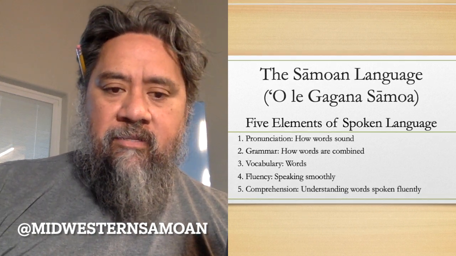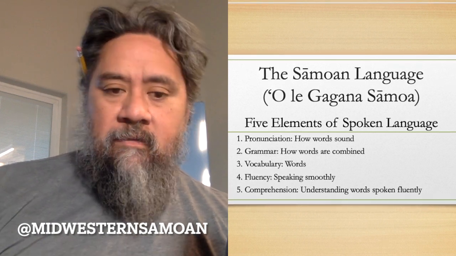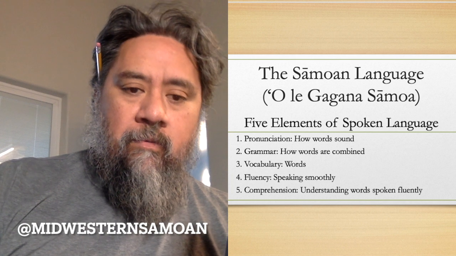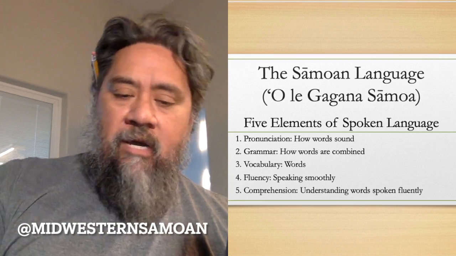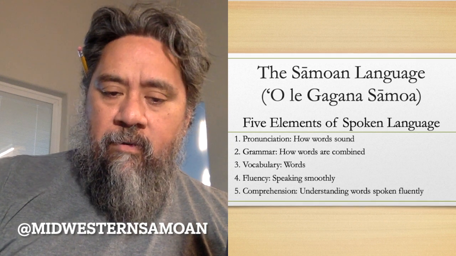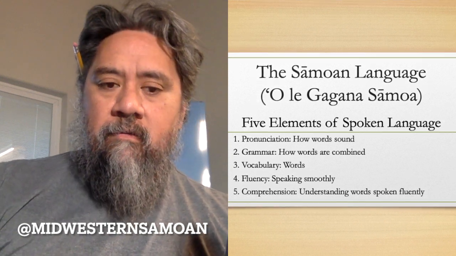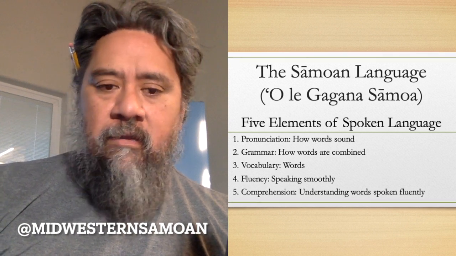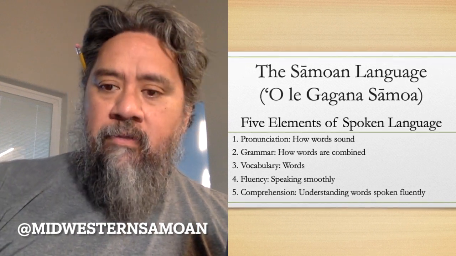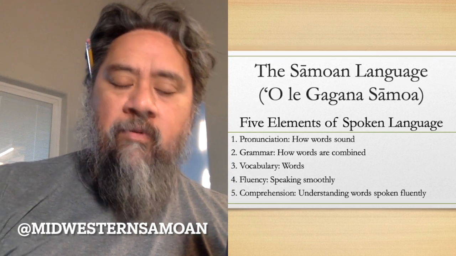Here on this slide, you see the 5 elements of spoken language in general. We have pronunciation, how the words sound, which is pretty important. Then 2, the grammar, how the words are combined. And then 3, the actual vocabulary, to build that bank of words to pull from.